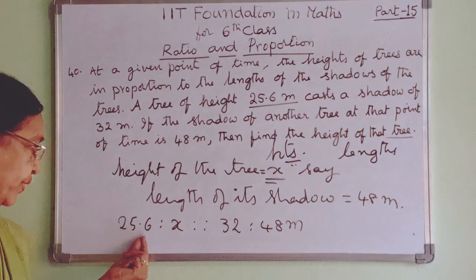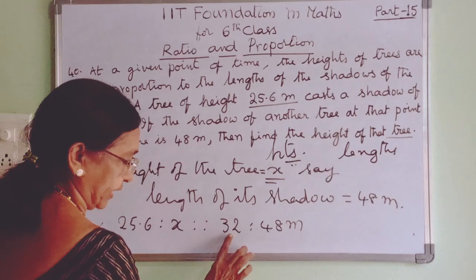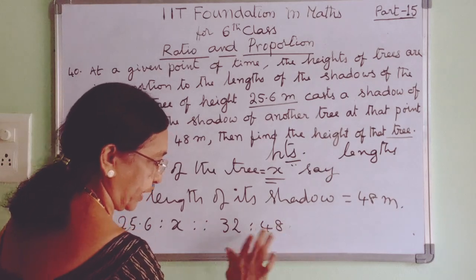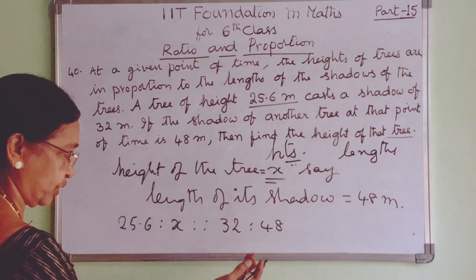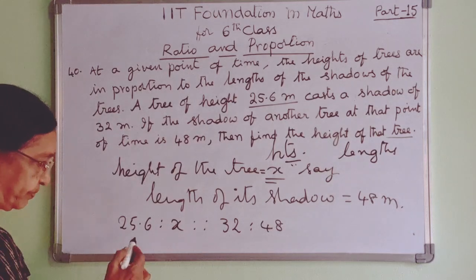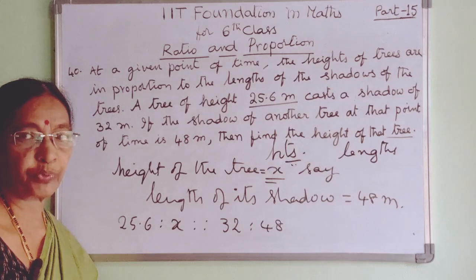Therefore 25.6 is to x as 32 is to 48. Both are in meters. So 25.6, x, 32 and 48 are in proportion.